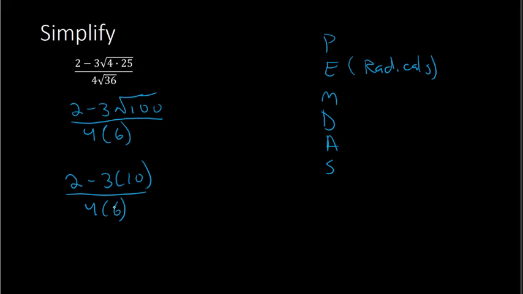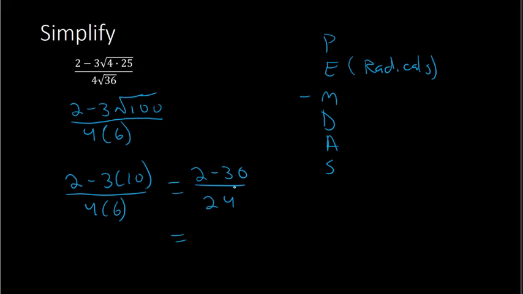All right, now from here, I can work with the numerator and denominator separately, and I see multiplication would come next. So let's do that. On the top, we have 3 times 10, which is 30. So I have 2 minus 30 on the top. In the bottom, 4 times 6 is 24.